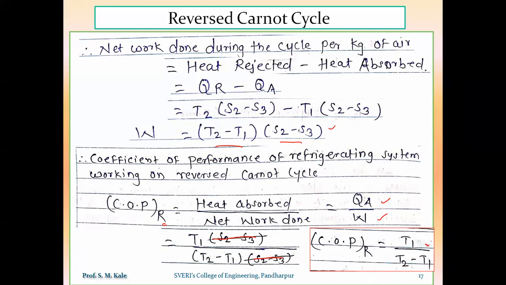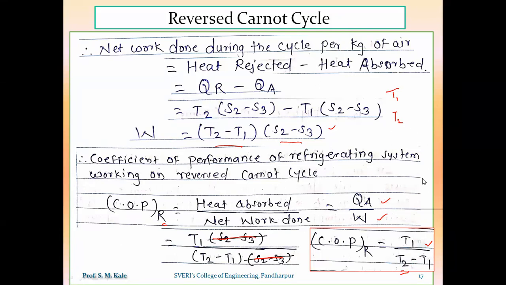What is the meaning of T1 and T2? Only two terms are there on which the COP of the reverse Carnot cycle depends. The first term is T1 and the second term is T2.